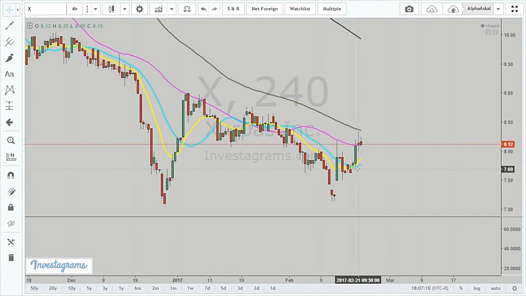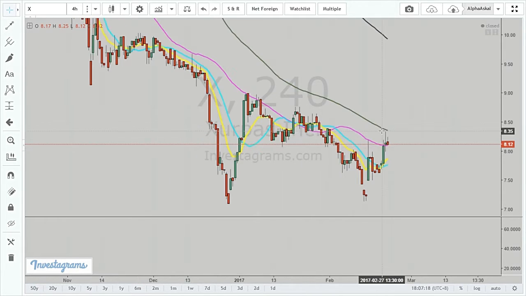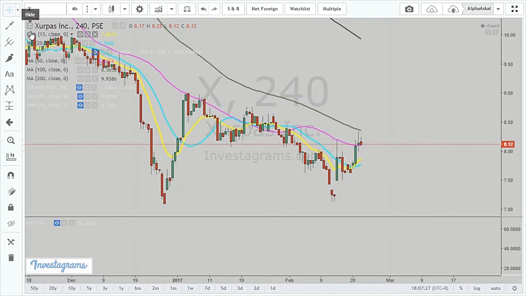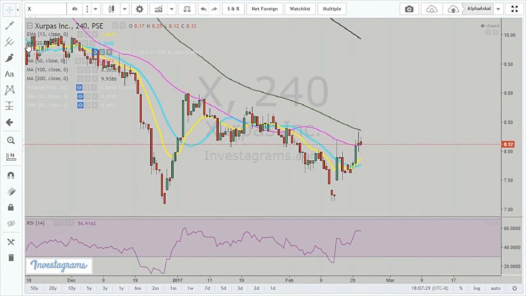So another condition that we have is to validate whether this is a true crossover, a potential reversal. We also check our RSI, or oscillator. So let's pull that out.